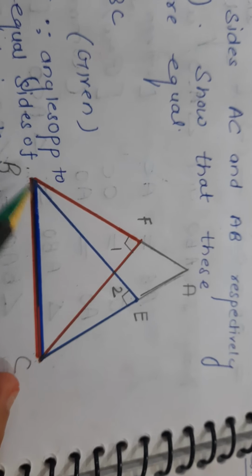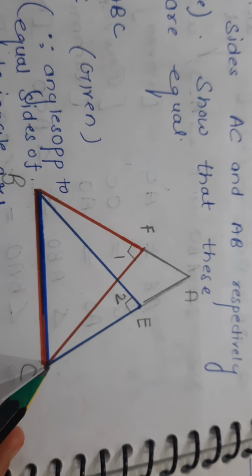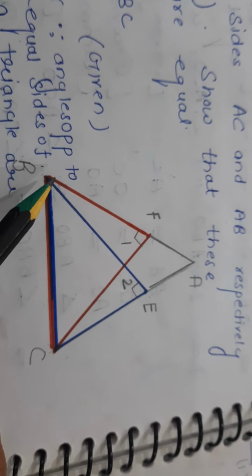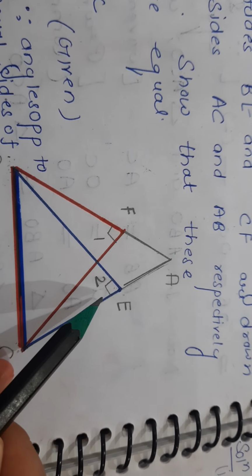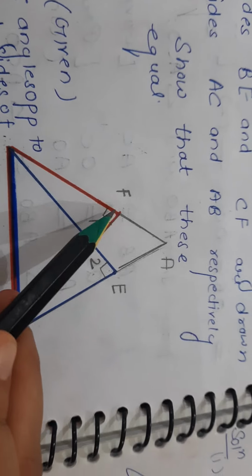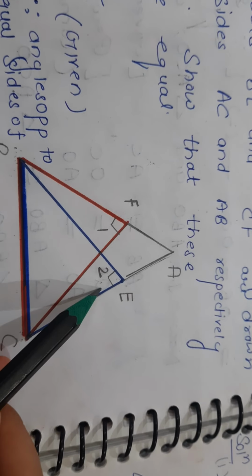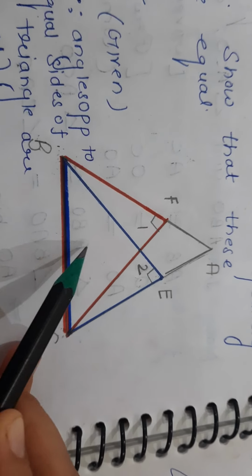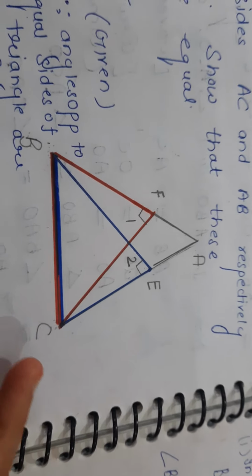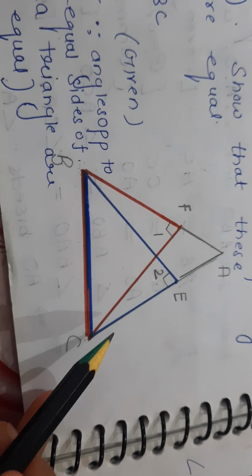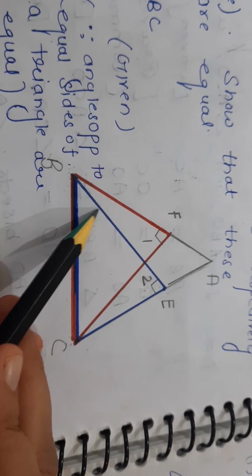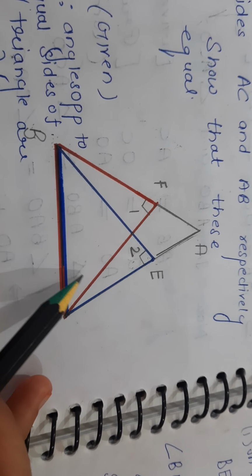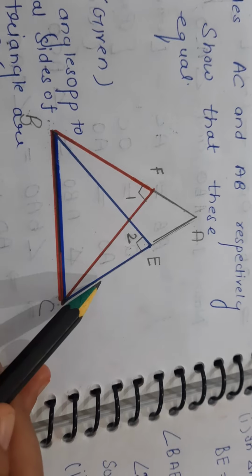In right triangle BEC and in BCF, angle 1 is equal to angle 2 because both are 90 degrees, right? Side BC is common to both. And in the red triangle, angle B is equal to angle C in the blue triangle.